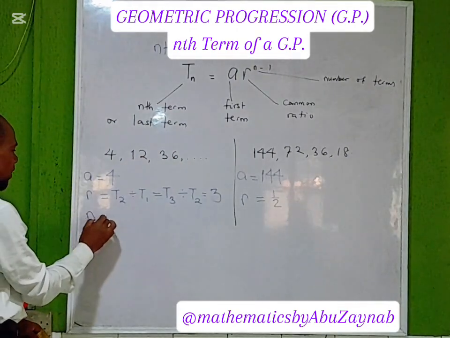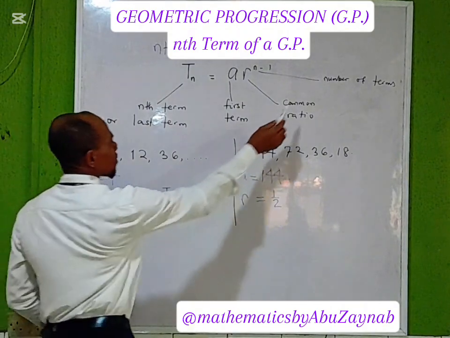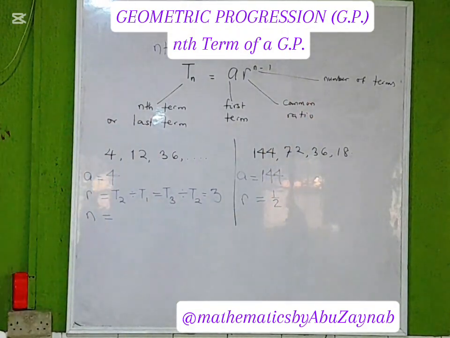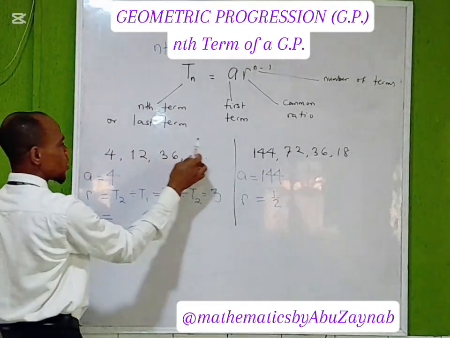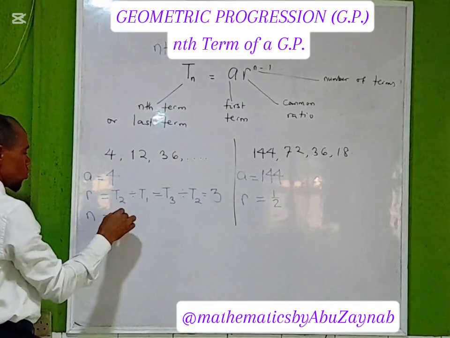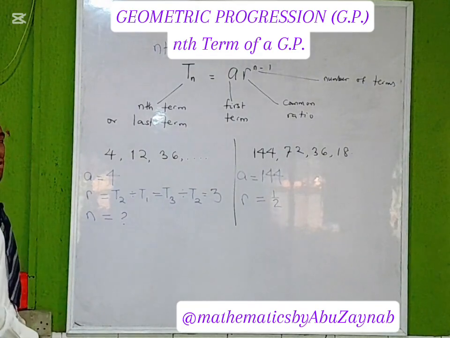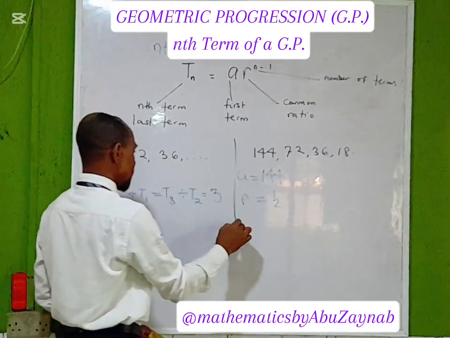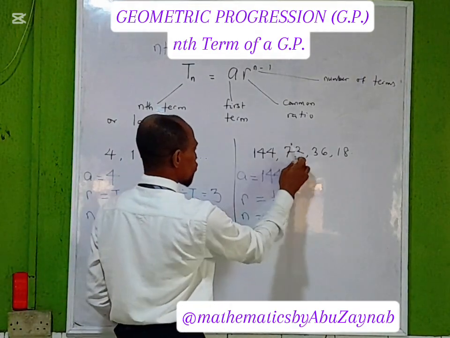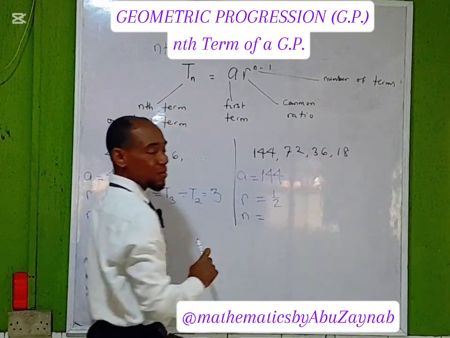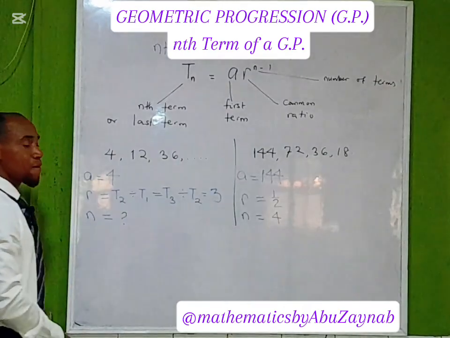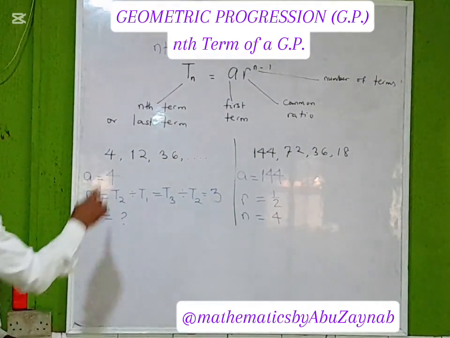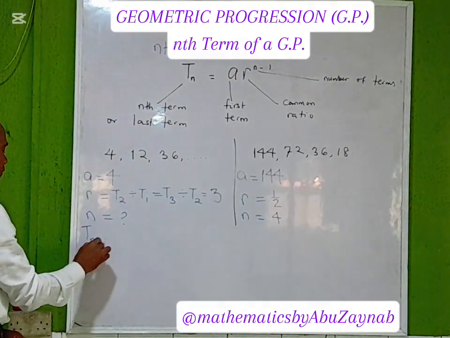Now, the next concept is n. N stands for what? The number of terms in the GP. So how many terms do we have here? We have 1, 2, 3, and we don't know how many indefinitely, so we have an unknown number. It's not set in there. Whereas here, n is simply 1, 2, 3, 4. Because it's a full stop, that means that's all. So decisively, n is 4. We have 4 terms there. Then lastly, Tn, which stands for what?